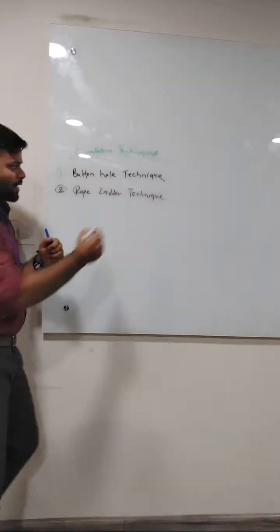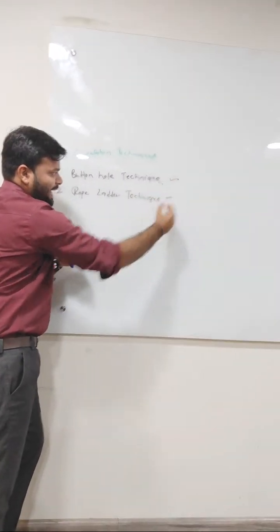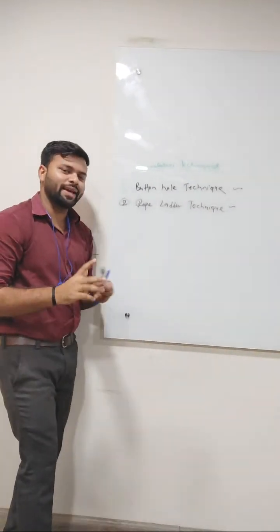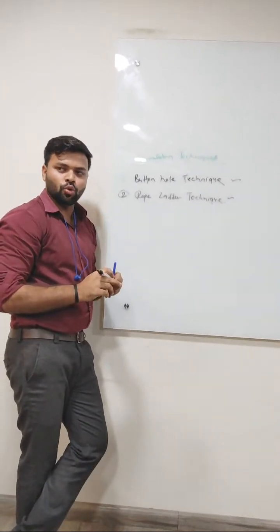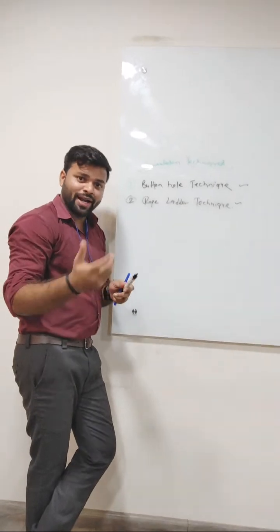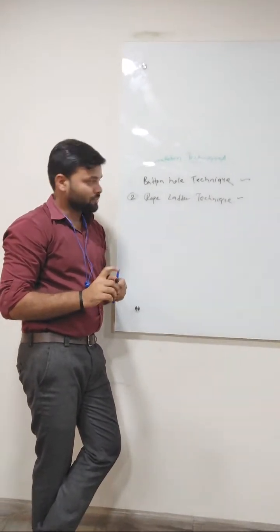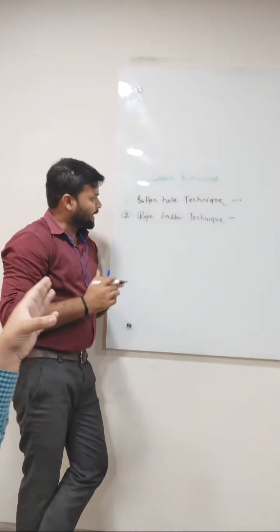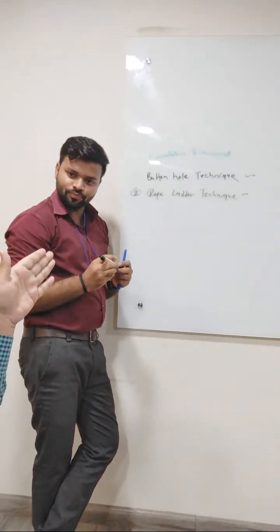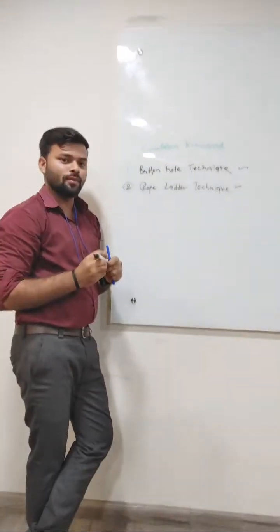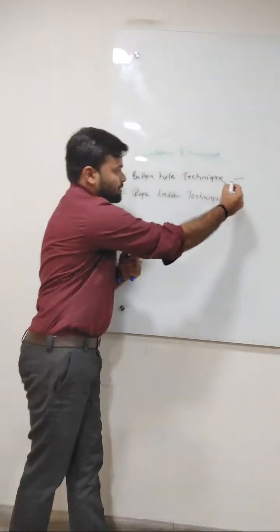There are basically two types of cannulation techniques we can use in hemodialysis to get an adequate amount of blood flow for hemodialysis. Sanjay, can you show me a diagram of how the buttonhole technique looks, and the rope ladder also? It will be better for technicians to understand.